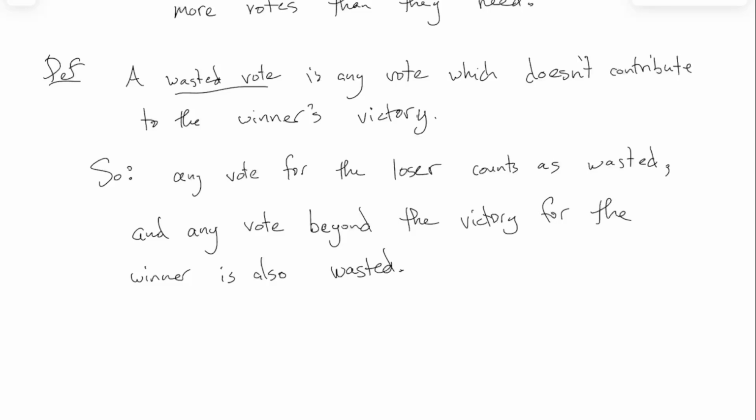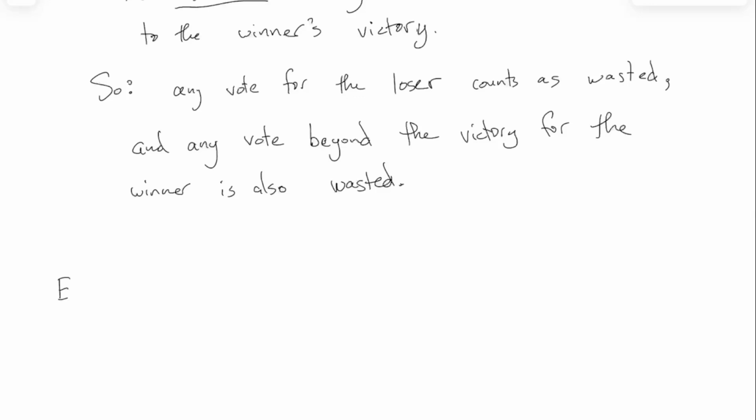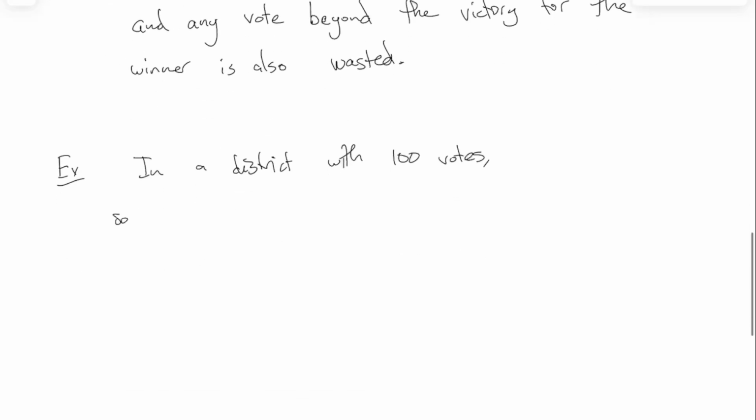All right? So for example, let's do some very simple examples, and then I have some a little more interesting ones. So let's say in a district with 100 votes, say they go, let's say the Democrats get 47 and the Republicans get 53, all right?